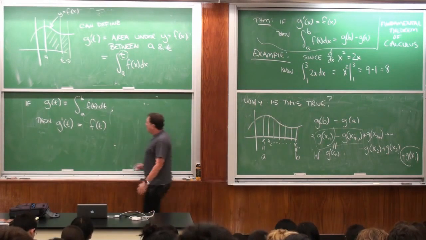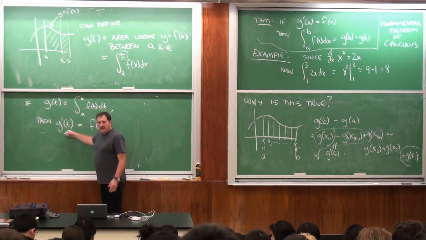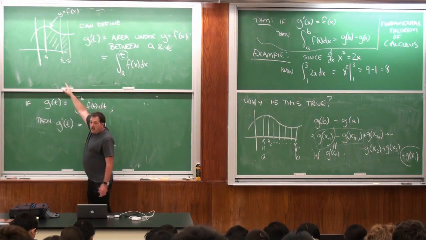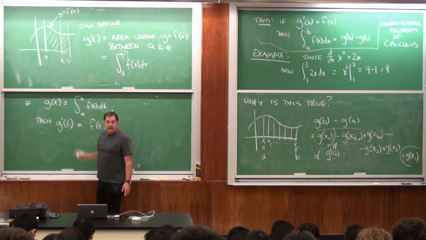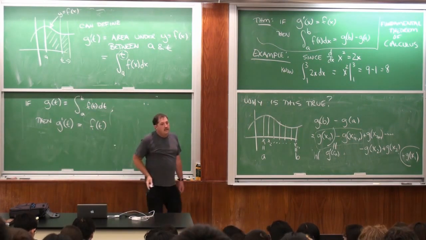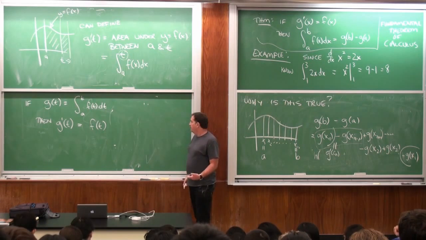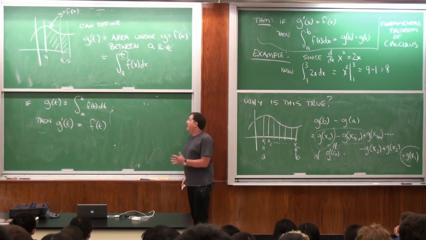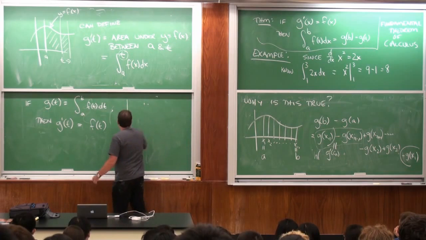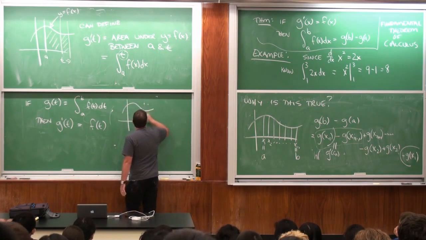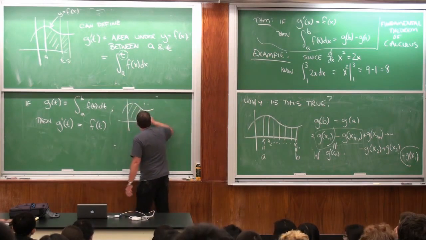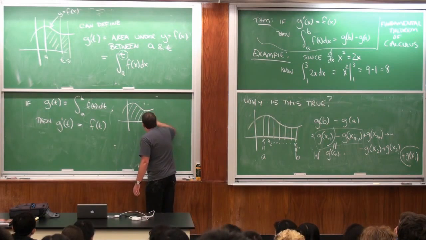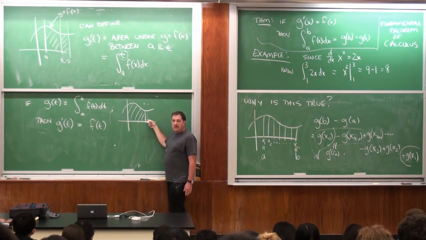In terms of a picture, this is telling me that the rate of change of the area is just the function. Like, I want to look at area, I move a little bit, then the amount that this changed, the area here, here's my area, and I took some area, and now I moved the end a little bit. How much did this move?